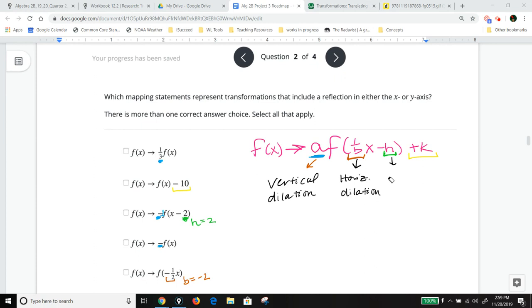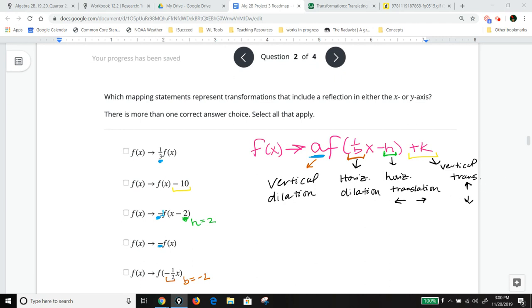I wrote the wrong word. It is a horizontal translation. Translation, I'll write the entire word. Horizontal translation. So that's going to move things either to the left or to the right. The k value, that is your vertical translation, which can move things up or down. So remember, a translation has to keep the exact same shape. It's just moving the graph.